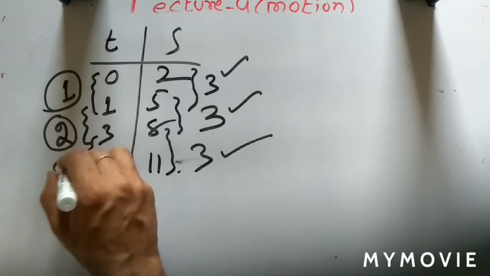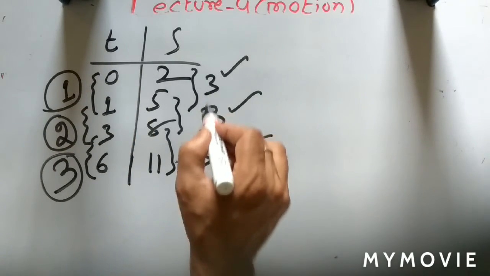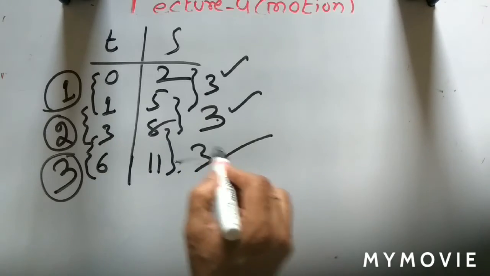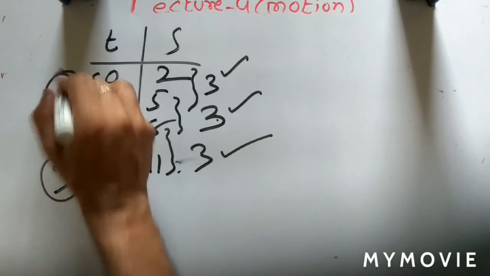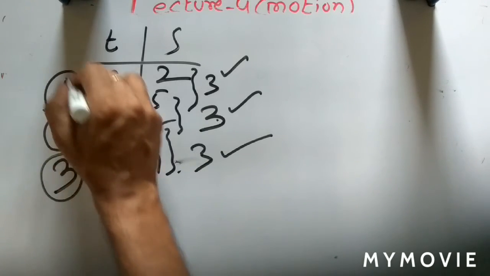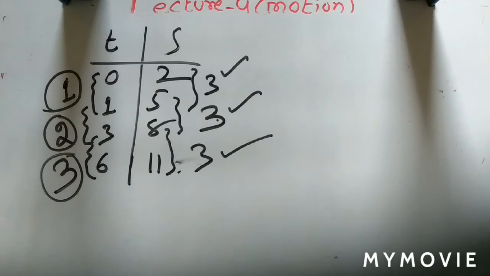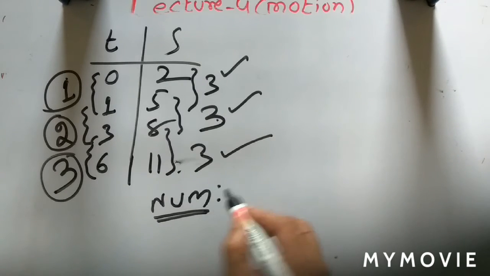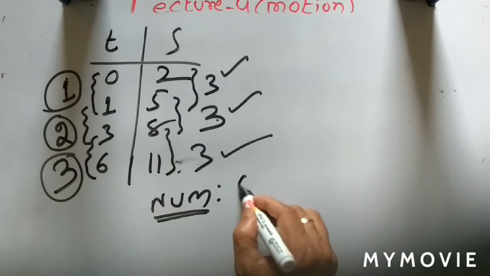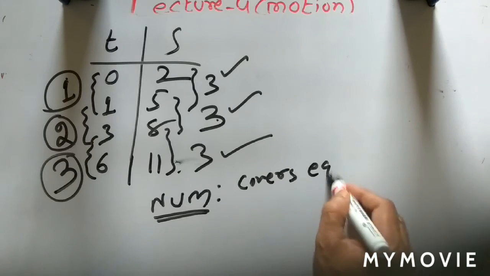But what is the displacement covered? 8 to 11, 3. Now you see, here equal displacement changes in unequal interval of time. Here 3 meter changes, 3 meter changes, 3 meter changes. But time changes are by 1, by 2, by 3. That means time changes are unequal, but displacement changes are equal.